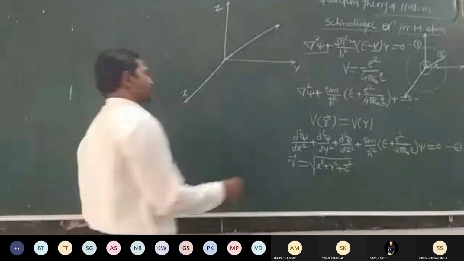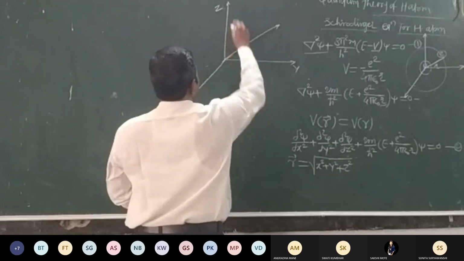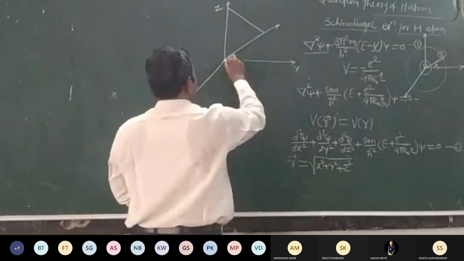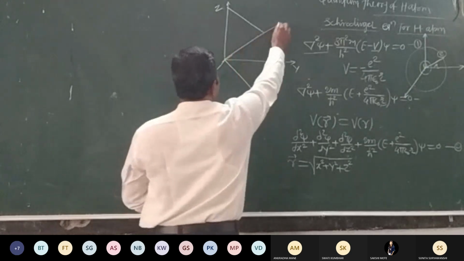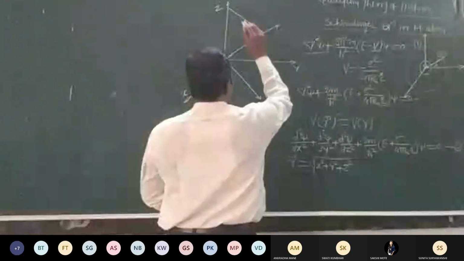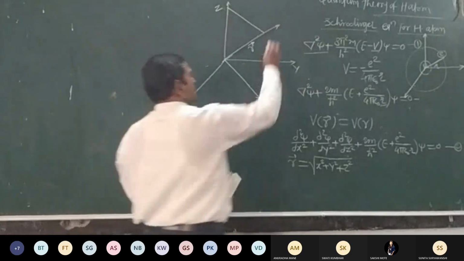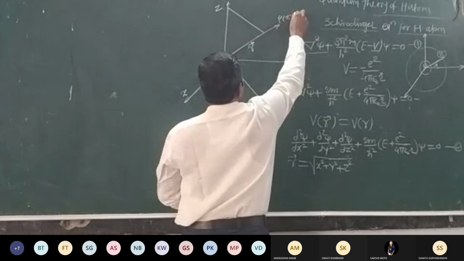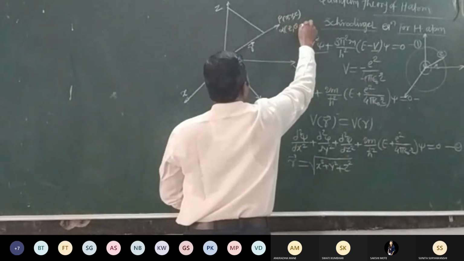Then let this be the projection of this vector r. And let this be P of x comma y comma z, or r comma theta comma phi.